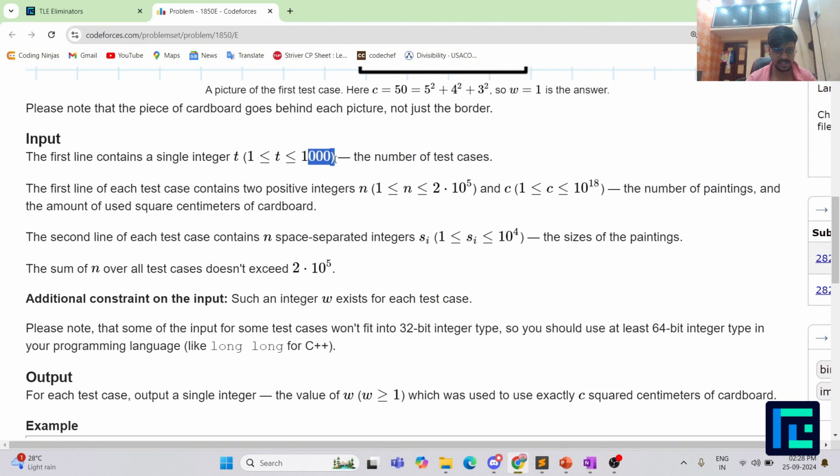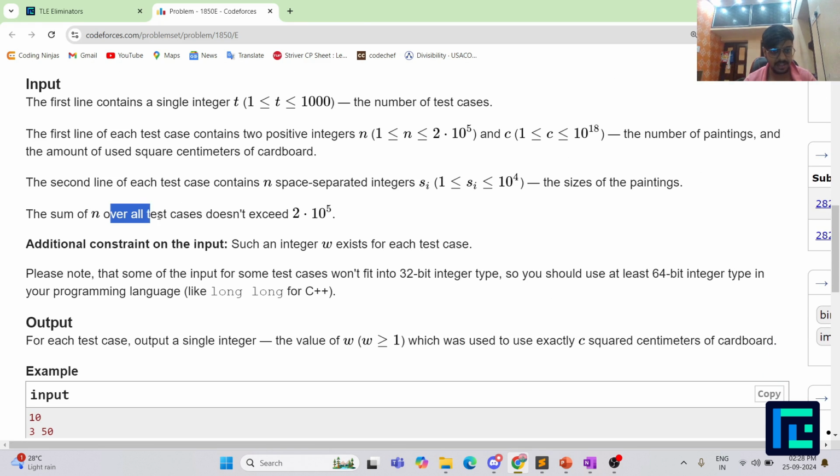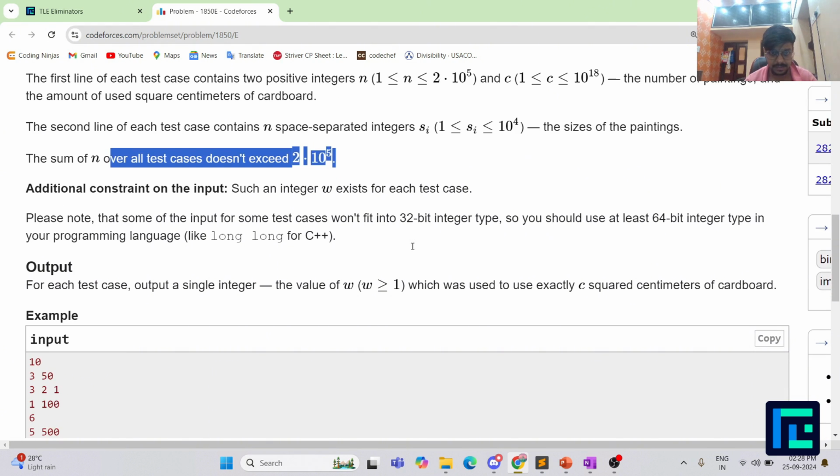So the number of test cases is of the order of 1e3, that is 1000, the number of pictures is of the order of 2 times 10 to the power 5, and the area is of the order of 10 to the power 18. The second line contains n space separated integers Si, that is the sizes of the paintings, and it's given that the sum of n over all the test cases does not exceed 2 times 10 to the power 5.